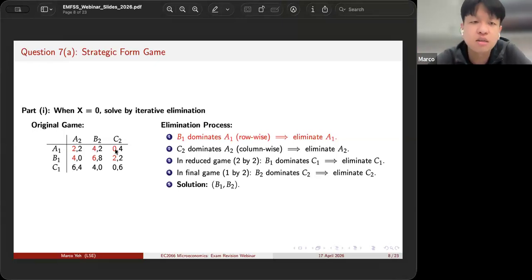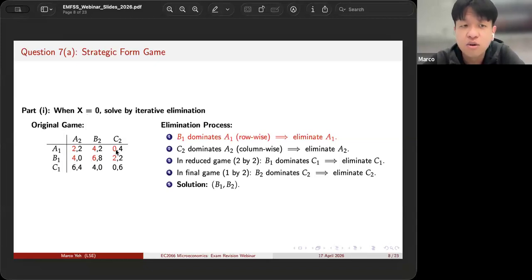If they choose C2, I get 0. However, if I play B1, under any circumstance I will earn a strictly higher payoff than playing A1, because 4 is strictly greater than 2, 6 is strictly greater than 4, and 2 is strictly greater than 0.